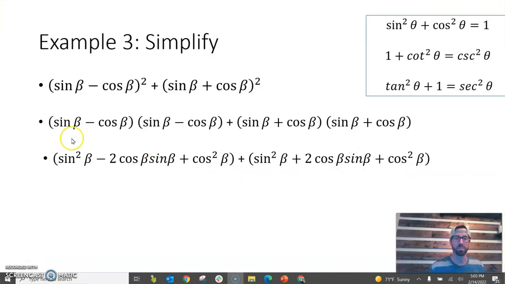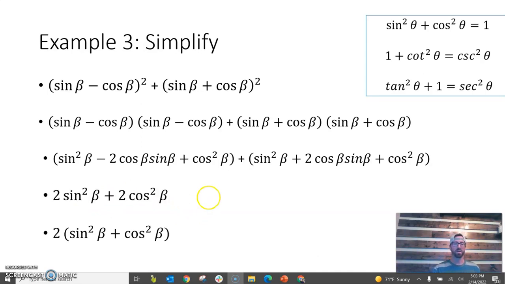And so what we're going to see when we combine is we have 2 sine squared beta plus 2 cosine squared beta. And then I could factor out the 2 if I wanted to. And then sine squared beta plus cosine squared beta, we're back to our original identity. This is just a big old fancy 1 right here. So that's just really 2 times 1, which is 2.